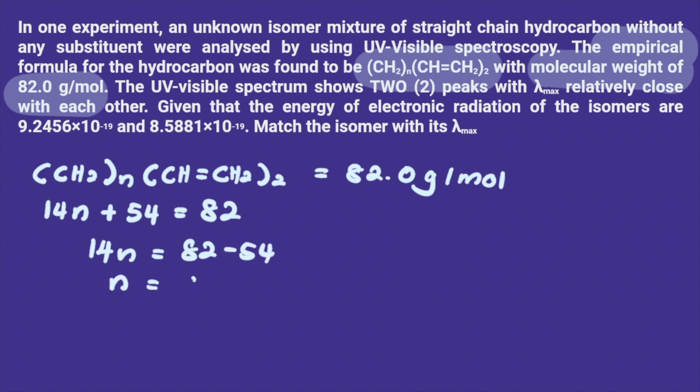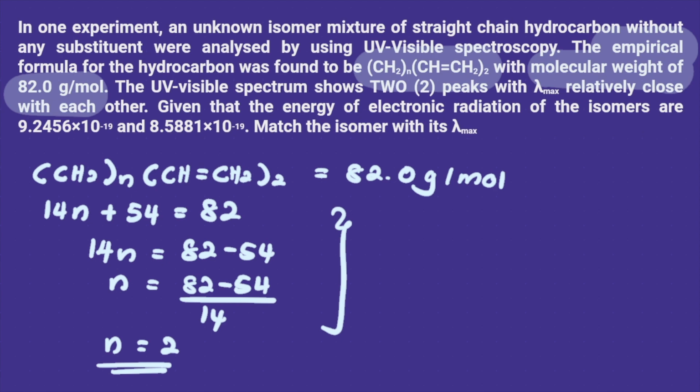Therefore, n is equivalent to 82 minus 54 divided by 14, so n is equivalent to 2. Therefore, the actual hydrocarbon is C6H10. Right, so from here we need to find what are the isomers for this molecule.